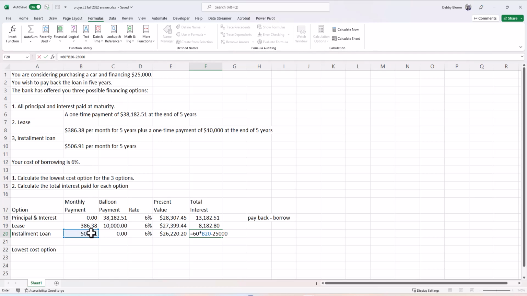The difference between what we borrow and what we pay back is the total interest, $5,414.60. So we can see, looking at either the present value or the total interest, our lowest cost option, the installment loan.